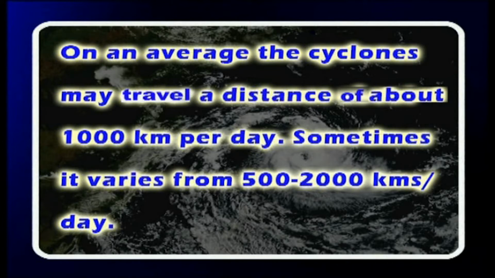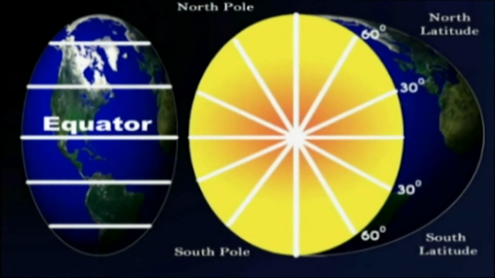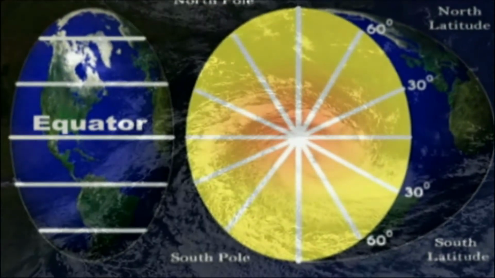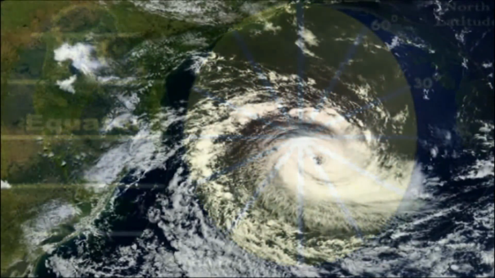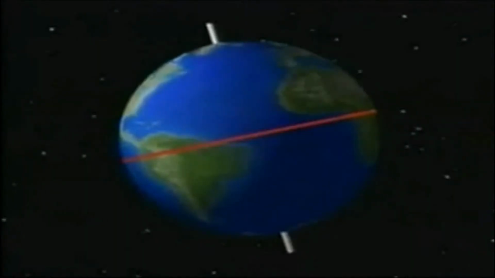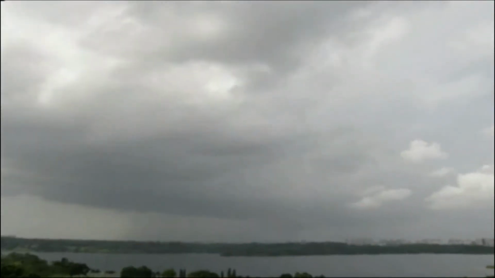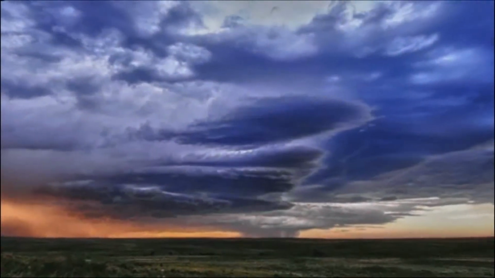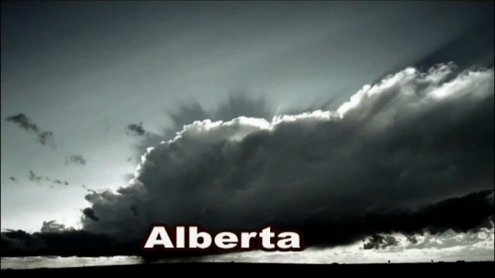Sometimes it varies from 500 to 2000 kilometers per day. The cyclones invariably move towards higher latitudes, whereas anticyclones originating in the mid-latitudes mainly travel towards the equator and the subtropical region. The most favorable areas for the rejuvenation of weather storms are Colorado and Alberta.